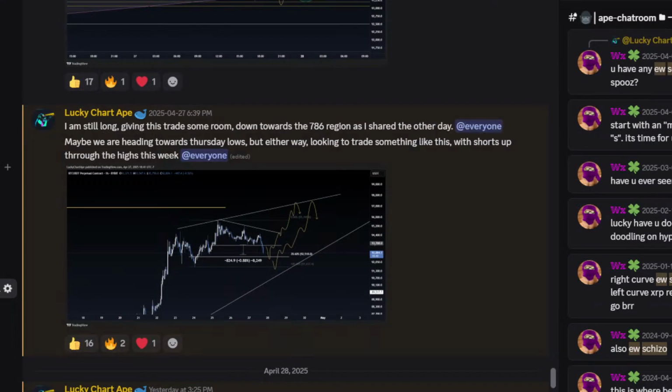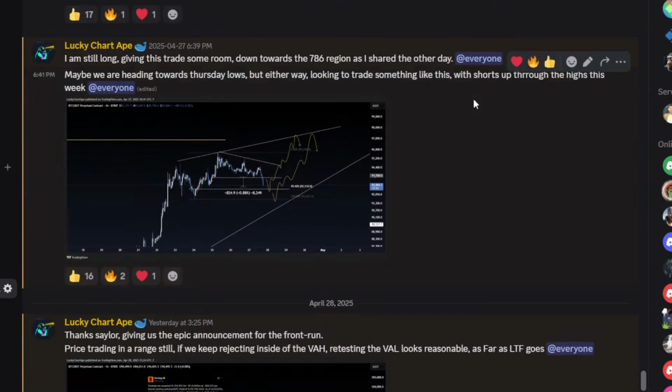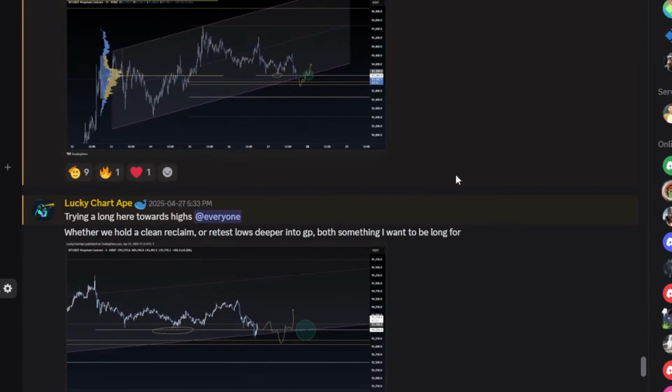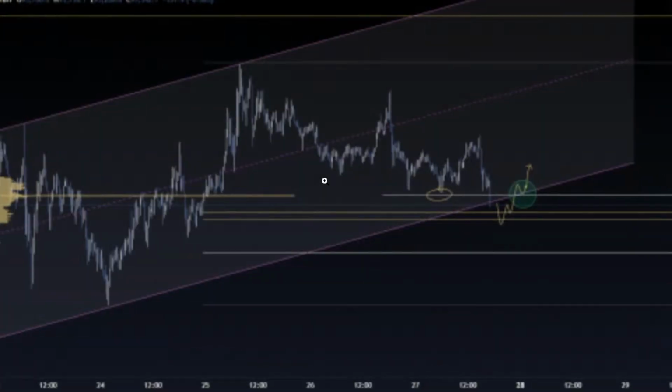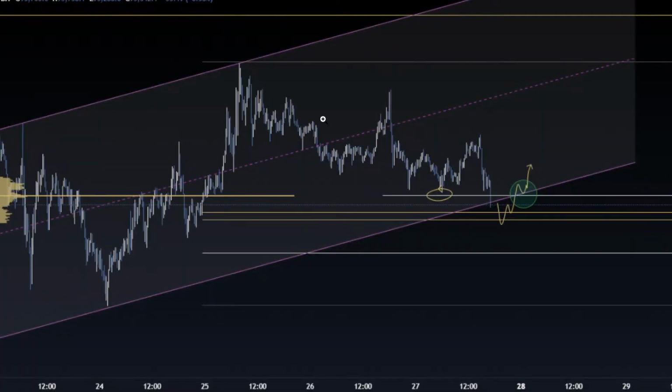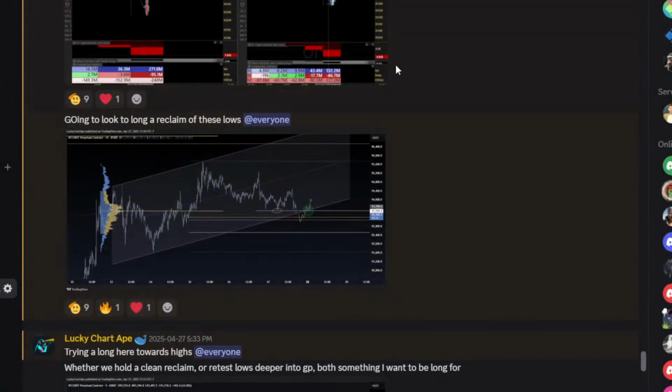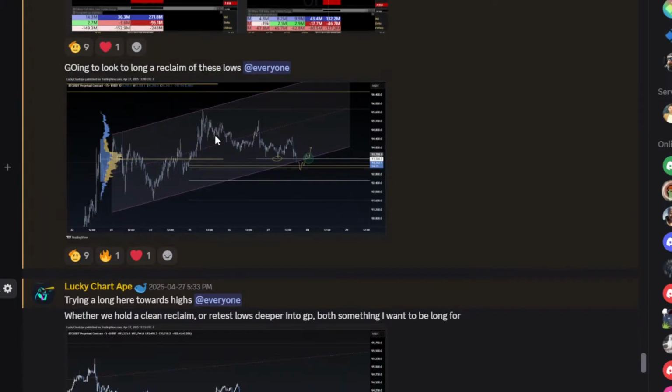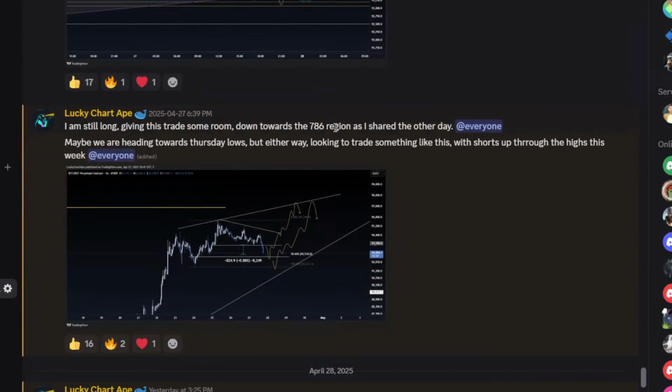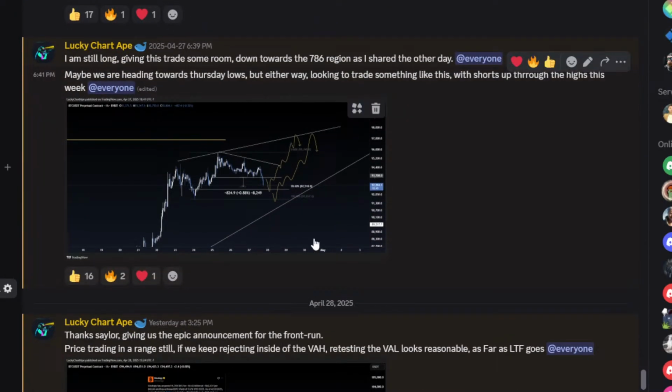Like usually this is the thread of the Discord. So for example, this is the low time frame channel. I was interested in taking longs in this local range, so going to look to long and reclaim these lows.